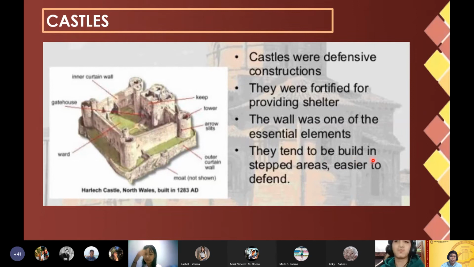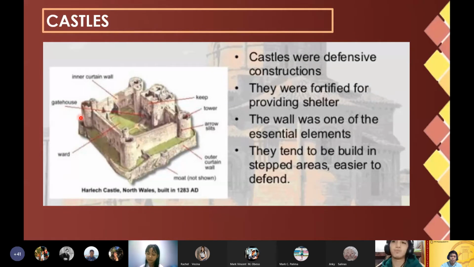They tend to be built in steep areas, easier to defend. So they would not build castles in areas that are weak in defense, right? So in terms of defense, they are good. The location of their castles is actually very important.